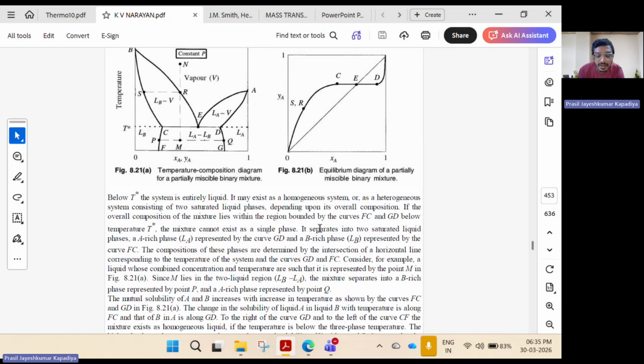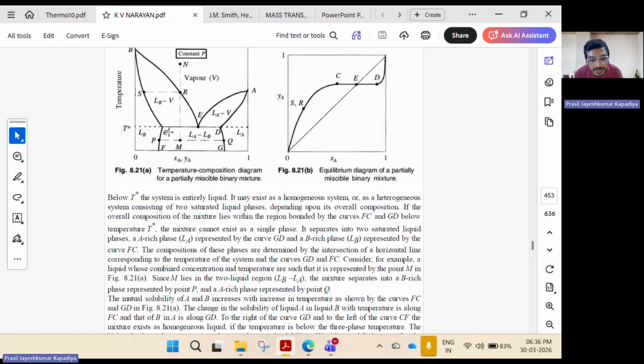It separates into two saturated liquid phases. Here we have A rich and here we have B rich. The A-rich phase La is represented by the curve GD, and the B-rich phase Lb is represented by the curve FC.